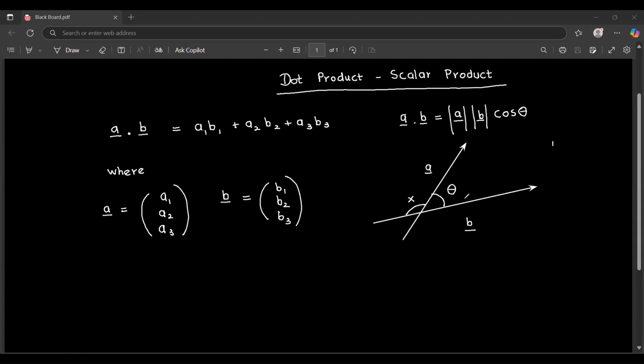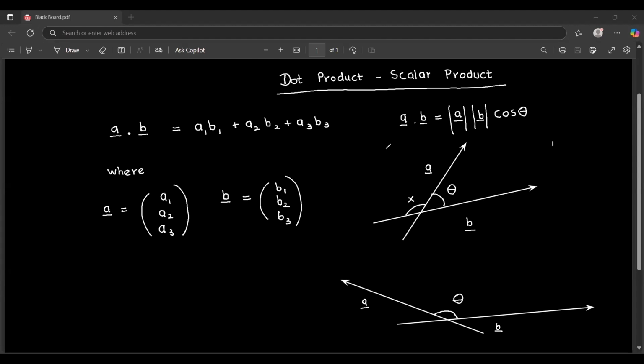It is not mandatory that theta always be acute. No, it can also be obtuse. It depends on the vectors. So I'll give you an example. In this case, if you have A like this and B like this, then the angle will be an obtuse angle.